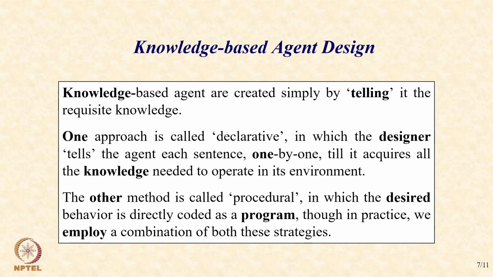So, you write a procedure, and the procedure generates that particular knowledge. In fact, both of these are good in their own right, but in practice we generally employ a combination of both strategies: some things are directly told and some things are generated through a procedure.